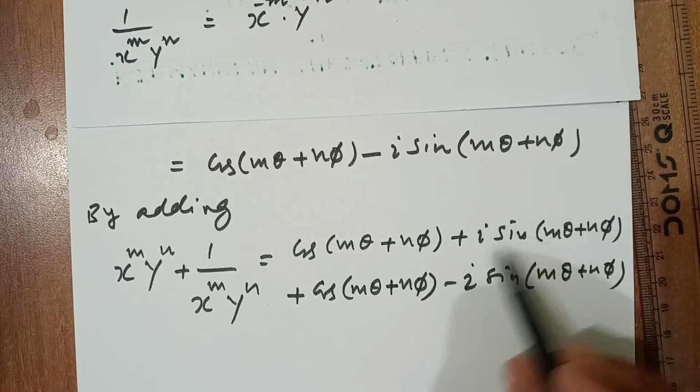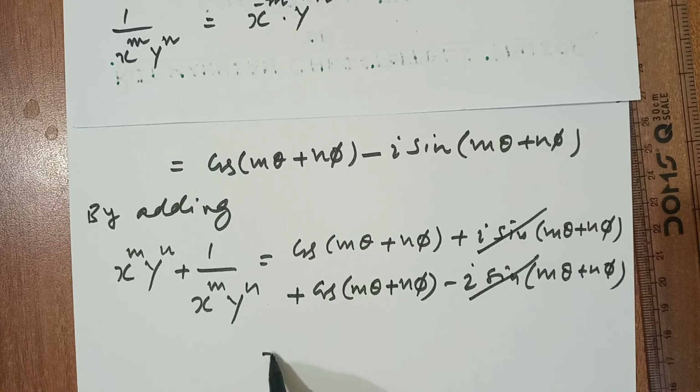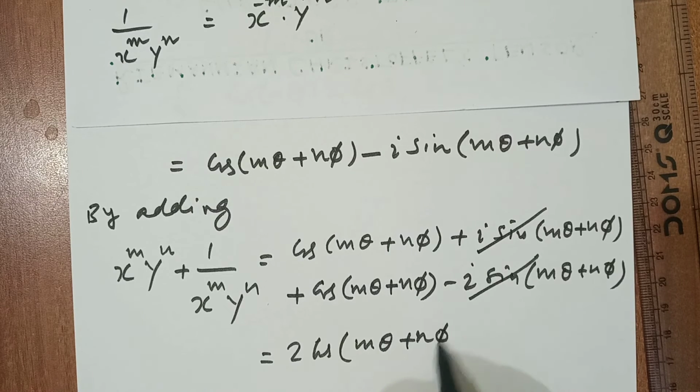So this is positive, this is negative, this will cancel, and this is equal to 2 cos (m theta plus n phi). Okay, and hence proved.